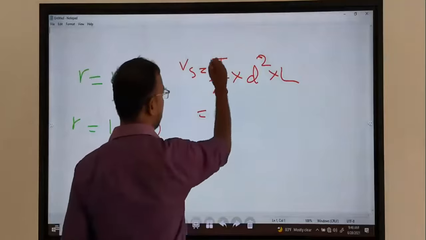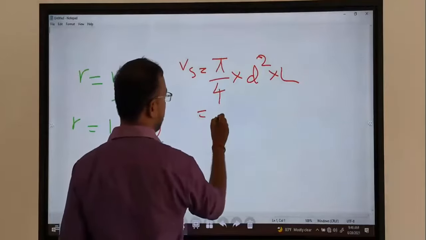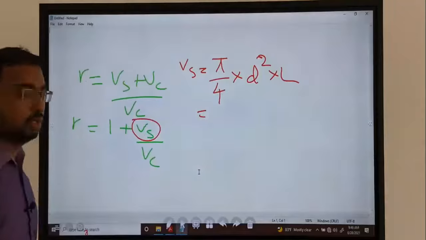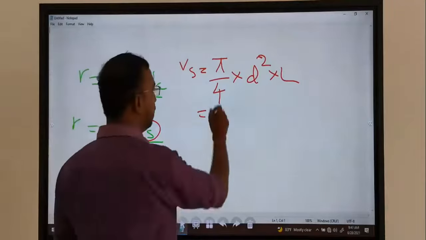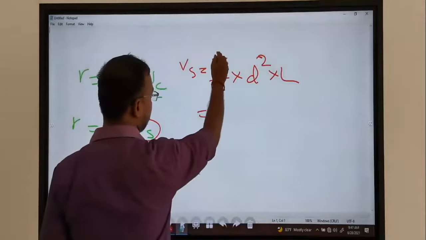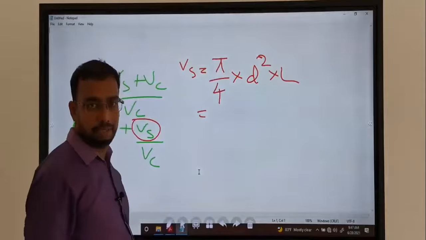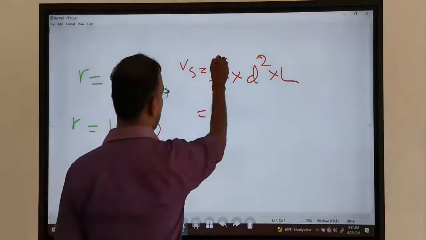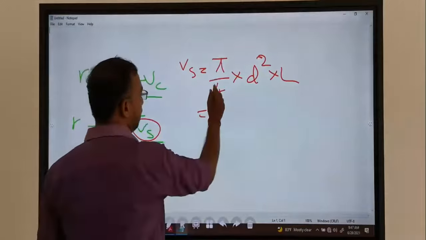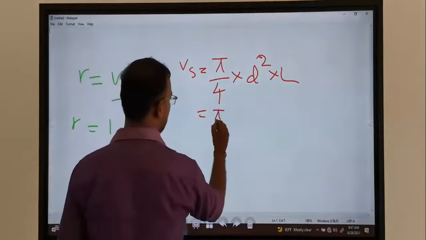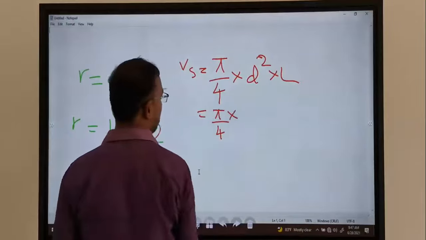The pi we know 22 by 7 or 3.14, but here I use the scientific calculator, so we can type the pi straight. So pi by 4 into d squared.